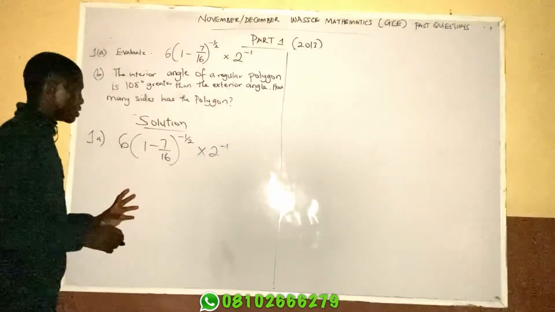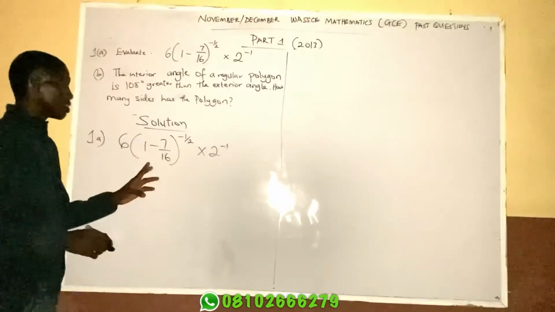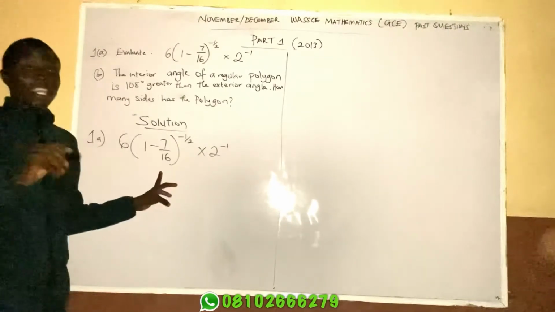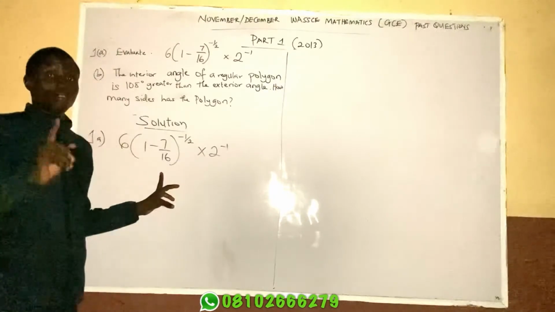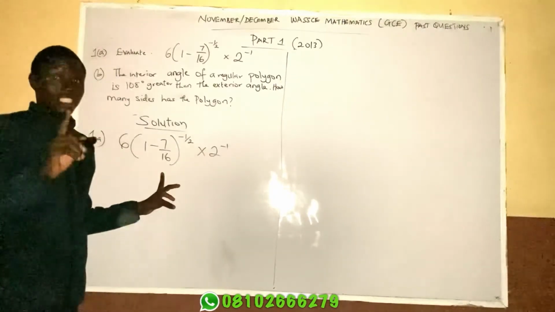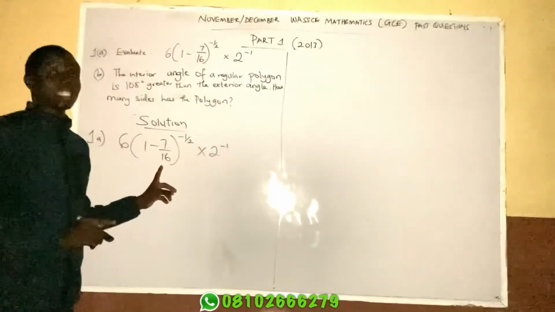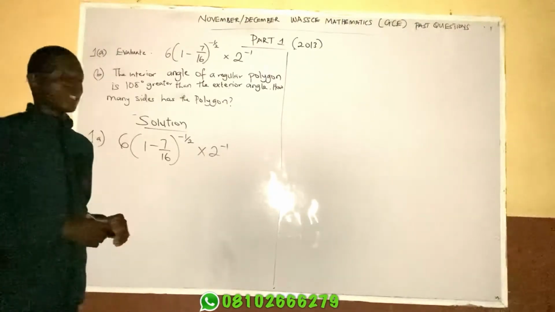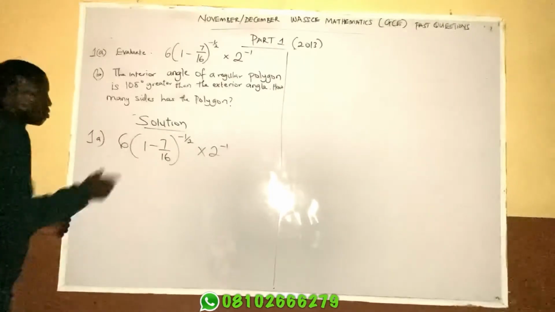This question has a bracket, and in the principle of BODMAS, the bracket should be attended to first. So we are going to solve the problem inside the bracket before proceeding with our solution.